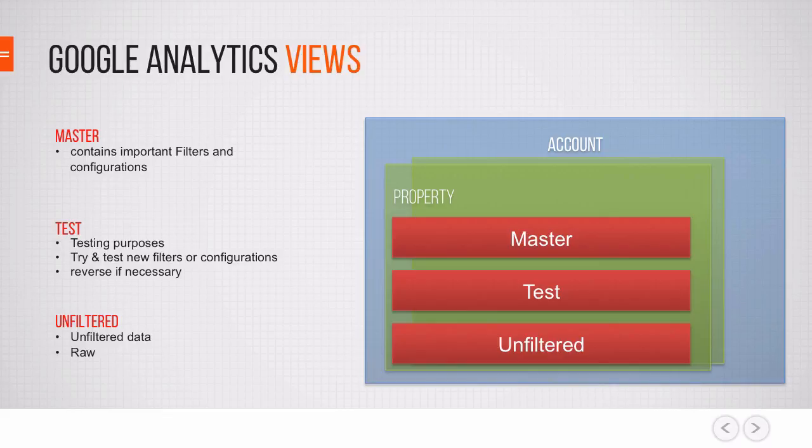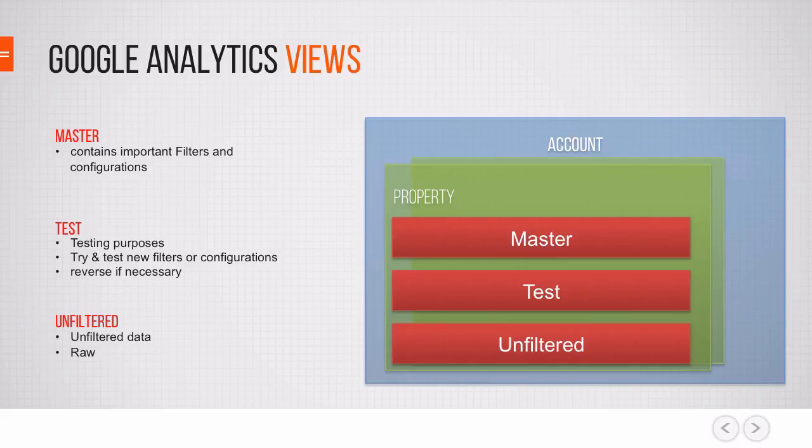This is really useful because if you have a test and master view where there are filters and configurations, we can always check back if something went wrong and look at the unfiltered data and see whether our configurations or filters are messing up our data. So we always have one data set that's untouched. Very important, having an unfiltered view.